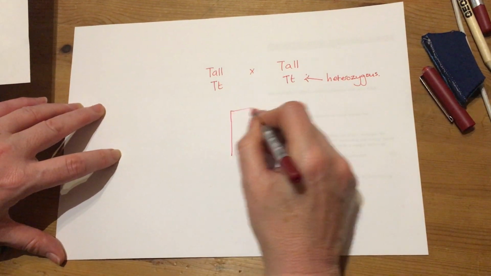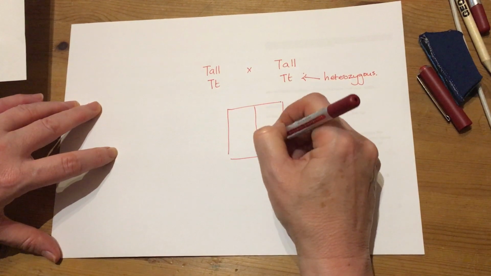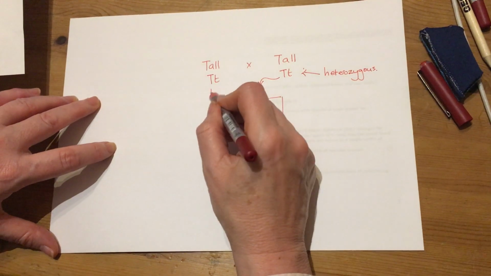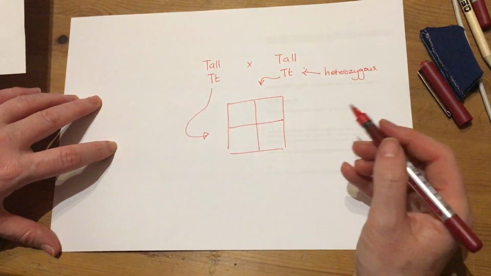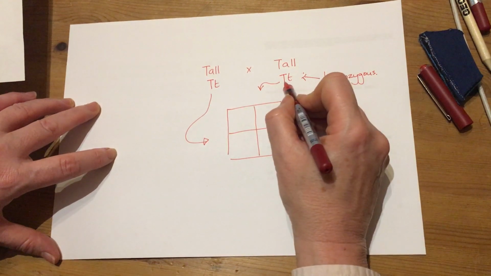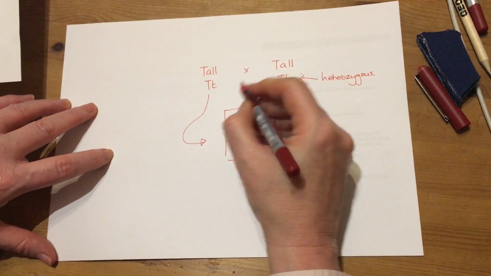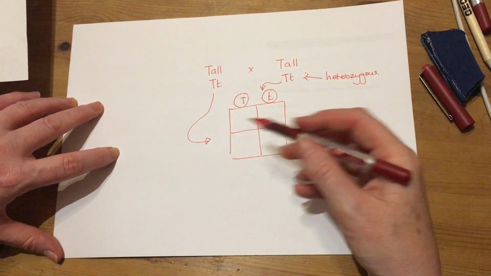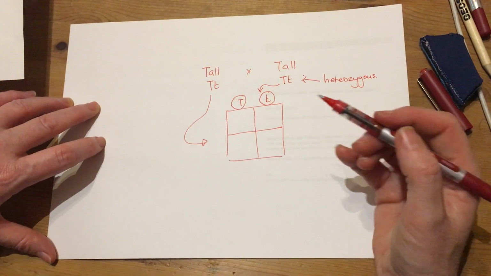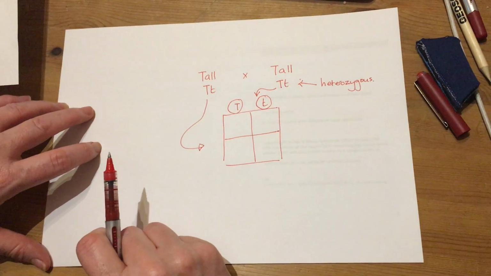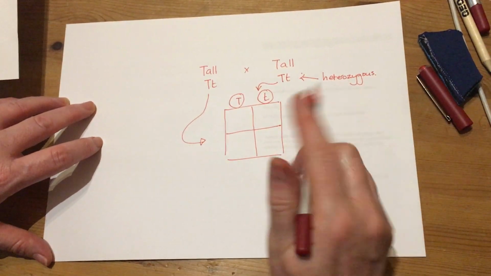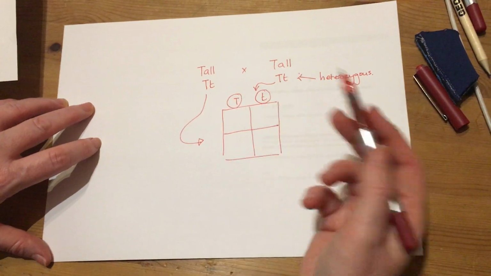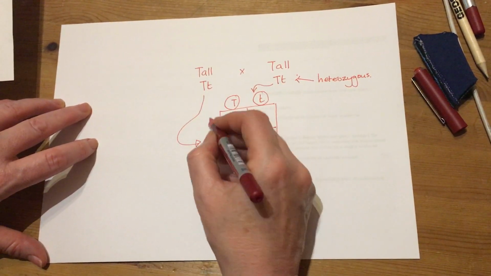And when we draw out our Punnett square and show the gametes from this parent up here and from this parent on this side, the gametes are not the same as each other anymore because half of the gametes from this individual are going to be a big T and half are going to be a little t. Remember, in meiosis, we halve the chromosomes and we put half of the DNA into one lot of gametes and half into another. So we're going to separate the big T and the little t. The gametes from this parent are going to look like the gametes from these because they've got the same genotype.